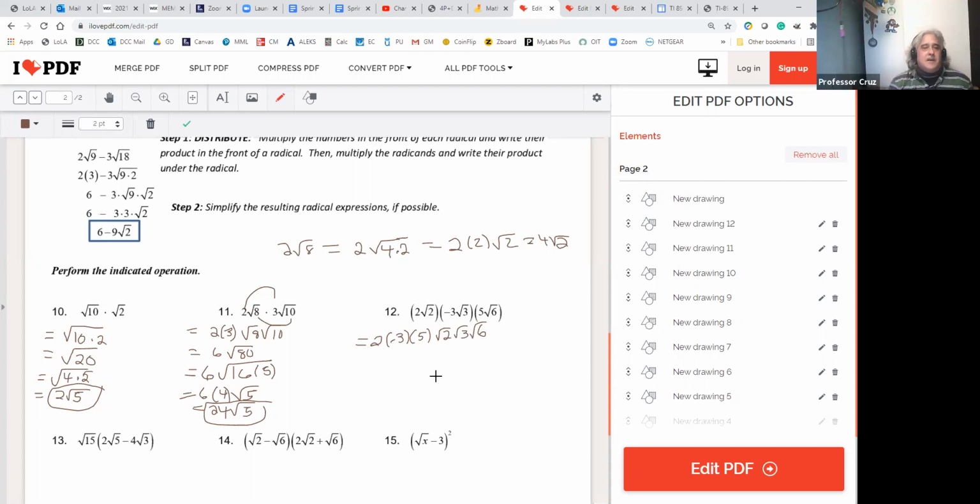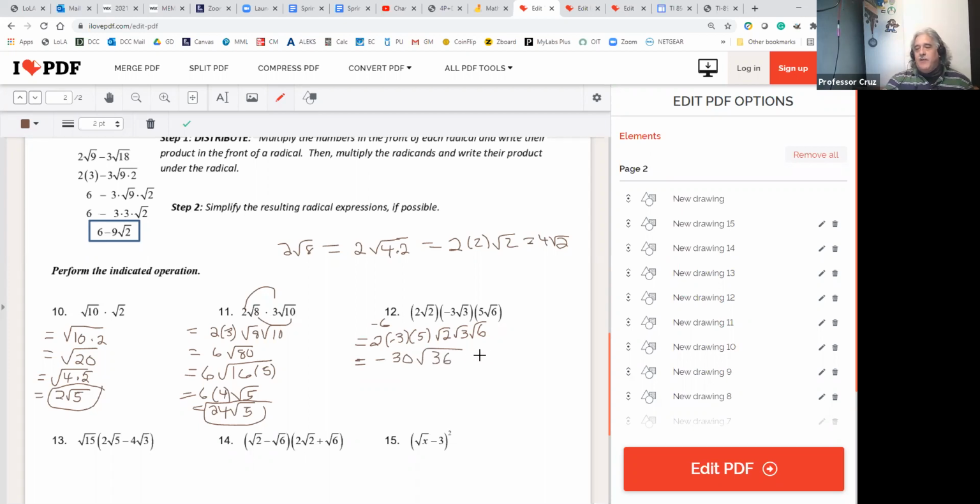All right, so I just lined them differently so that we have the whole numbers together and the radicals together. So then this is 2 times 3 is negative 6, times 5 is negative 30. And on the inside, we've got 2 times 3 is 6, times 6.